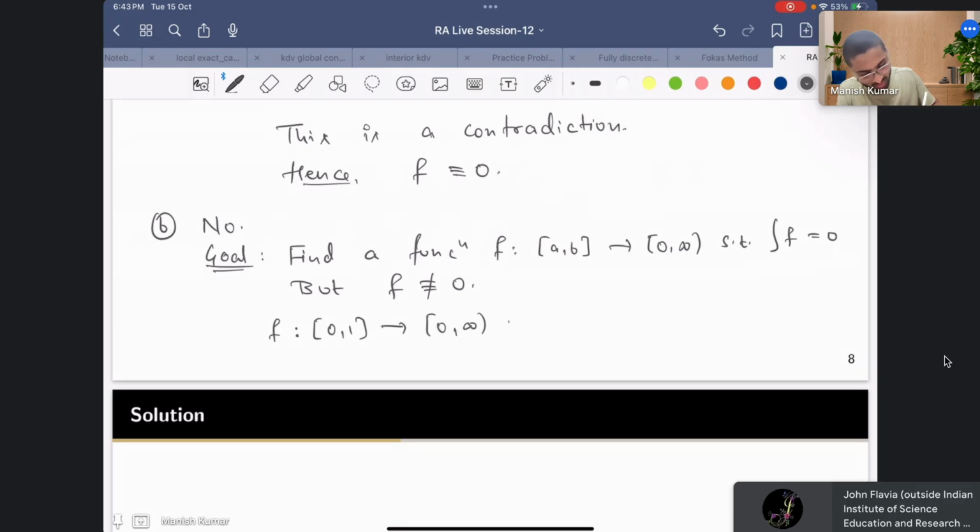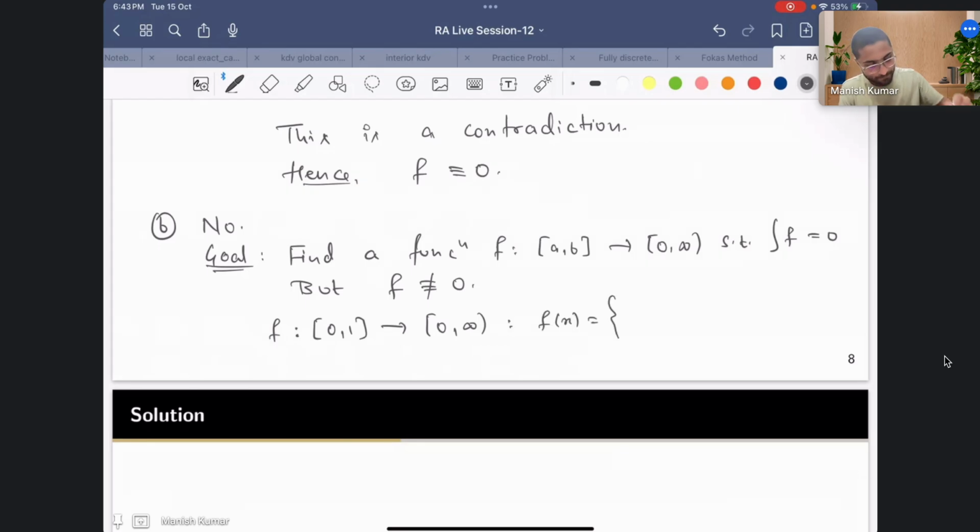And what is the function? 0 if x belongs to 0 1 intersection Q, and what other value you want to put? So 1, let's say.